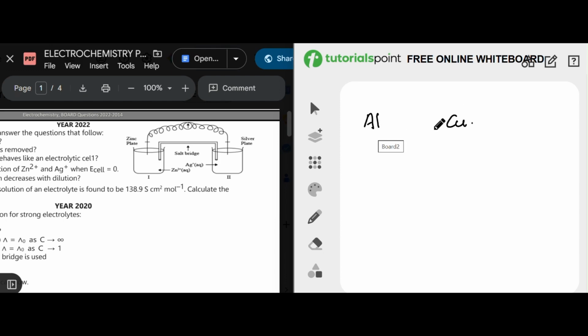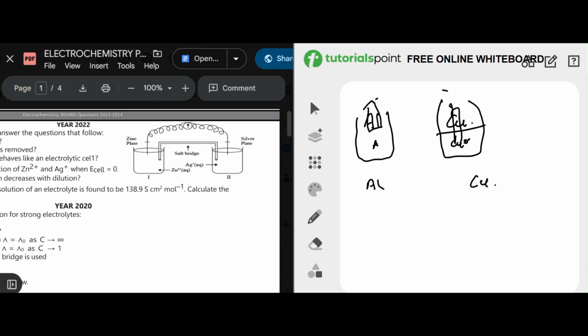Pause for a second and think which will be cathode, if aluminium dipped in Al3+ is connected with a copper rod dipped in Cu2+ using a salt bridge.